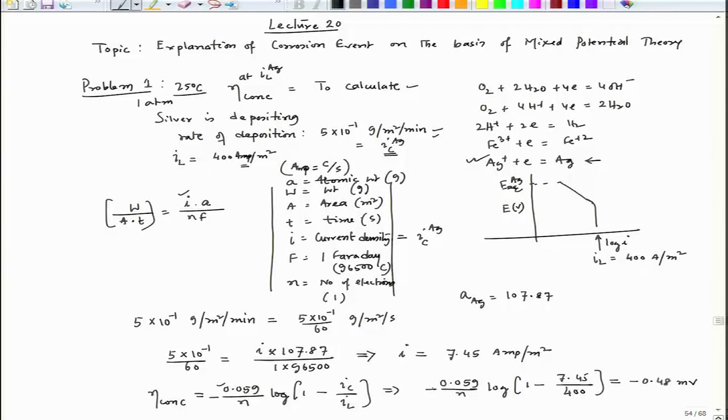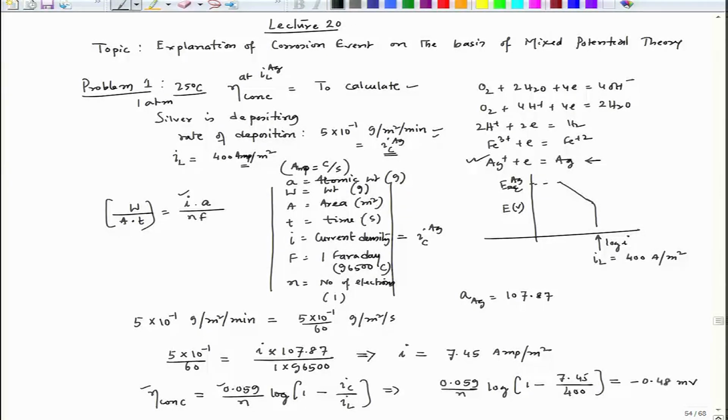Since we are considering concentration polarization, this will be going downwards. So, here I can put a minus, fine, because concentration polarization for the cathodic reaction will always go downwards, because we are considering cathodic polarization.